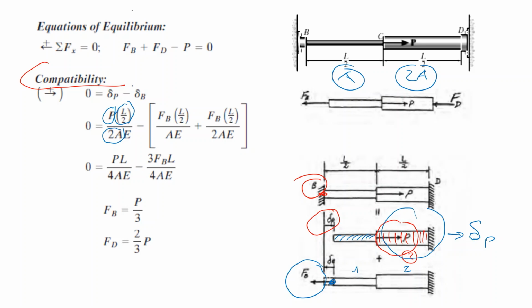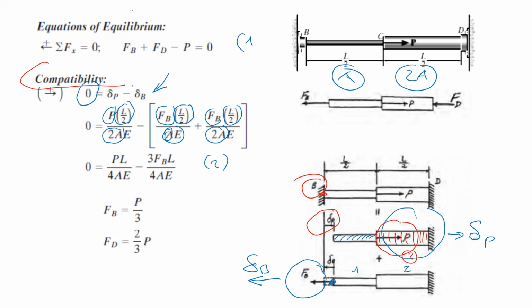So as you see, FB times L over 2, first region is the area, and the second region, now the section is 2 times A, and the total displacement to the left, that's negative, is delta B. So, since B will remain at the same point after this deformation, I can make their sum and put it equal to 0, and I find a second equation.